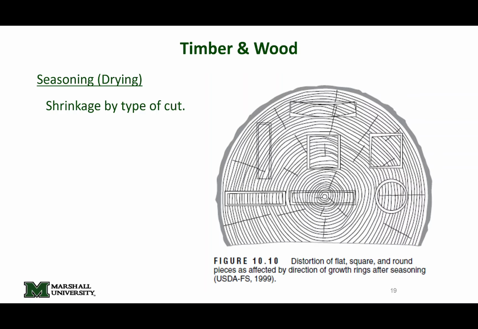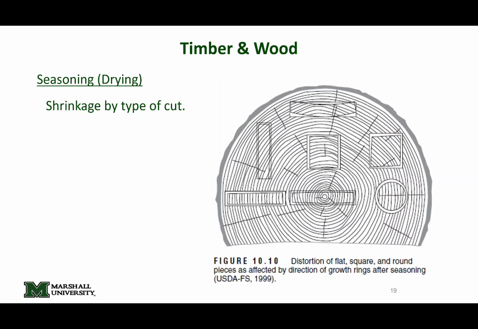So one of the things that you will find is, I really like this image because, and it's probably exaggerated a little bit, but here's a tree, and you can see how we cut out certain elements out of the tree. So you can see, for example, this board right here.